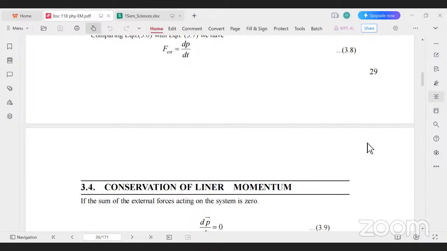So let us talk about conservation of linear momentum. Now we understand what conservation is: that which does not change. It will remain the same. For example, if I am giving some external force, the energy is being transmitted, but still it remains the same. So in simple terms, a certain physical property, that is a measurable quantity, does not change over the course of time within an isolated physical system.